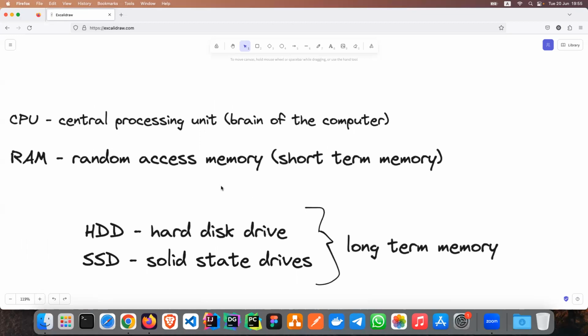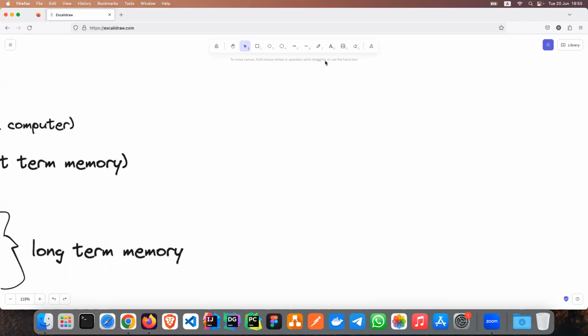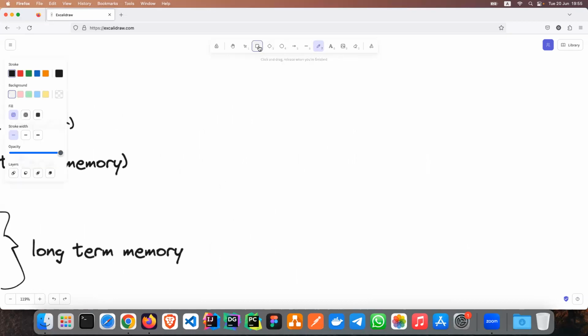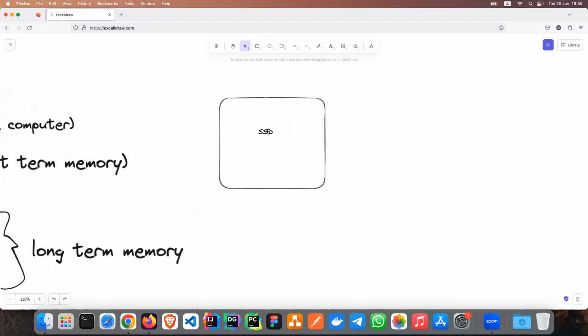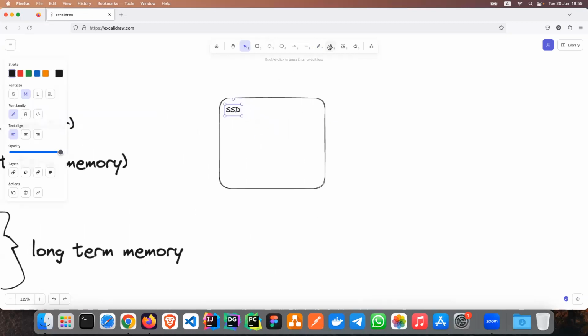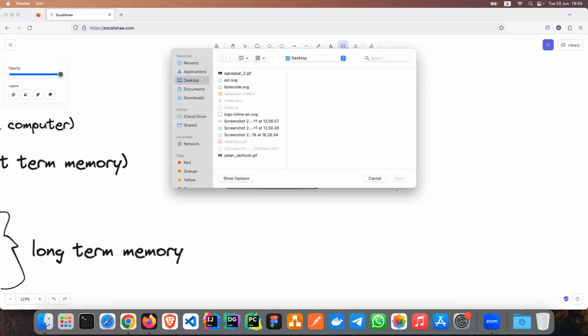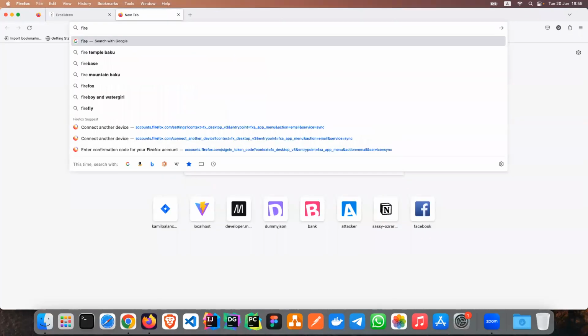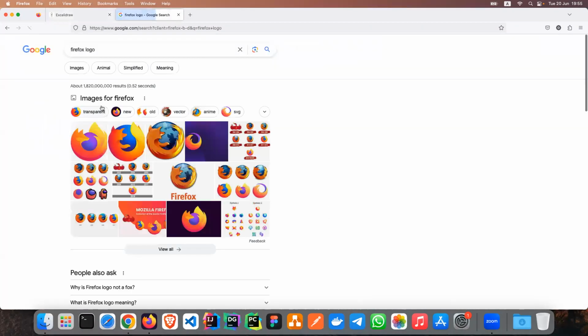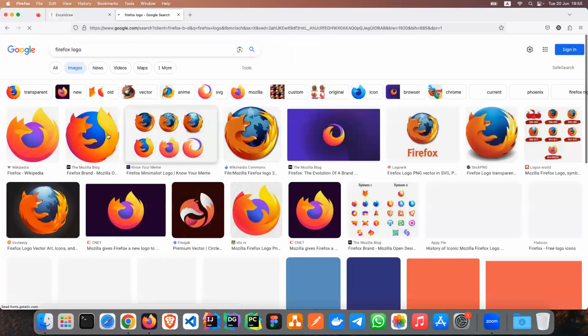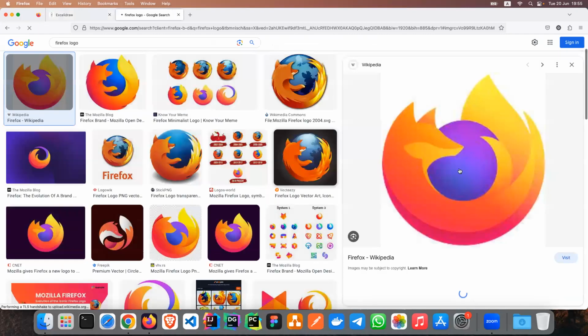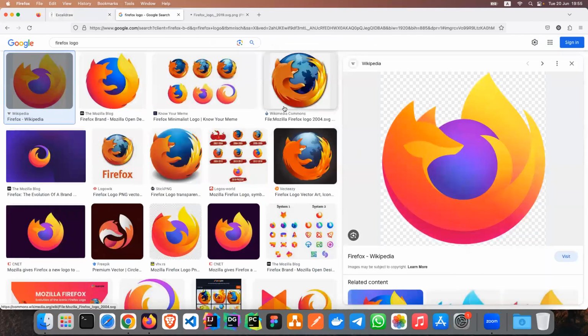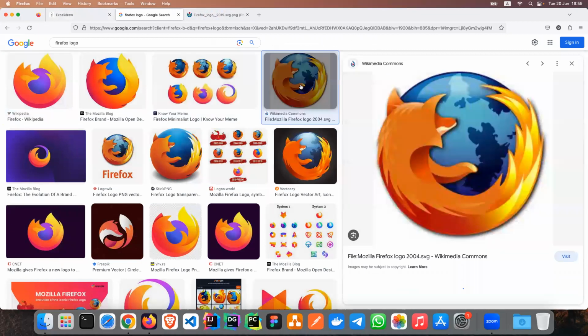Let's draw this somehow. I have here SSD, and I have, let's say here, Firefox. Let's maybe make it interesting. I have this Firefox logo here. This image is too big, but yeah.